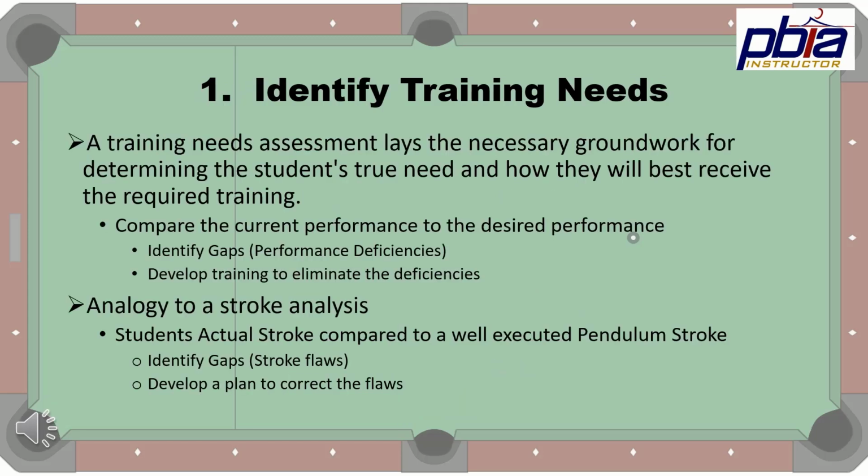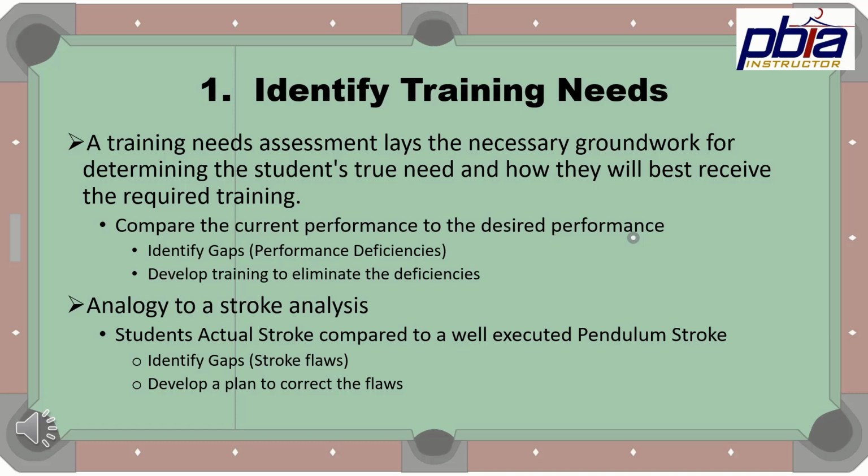The training process always begins with identifying areas where individuals lack skills, knowledge, or the ability to perform specific tasks. You can identify the needs by asking the students what they're having difficulty with, by observing the students while shooting pool, or you can perform a formal task analysis.